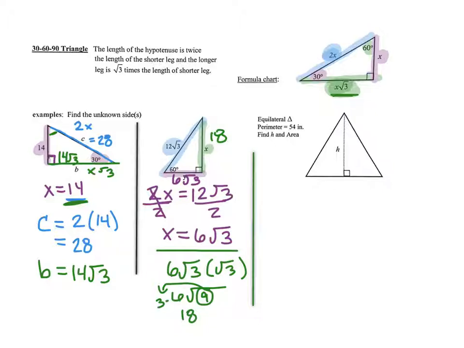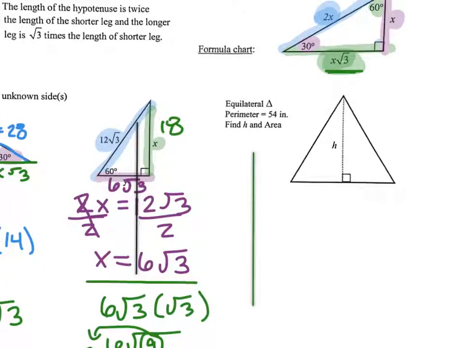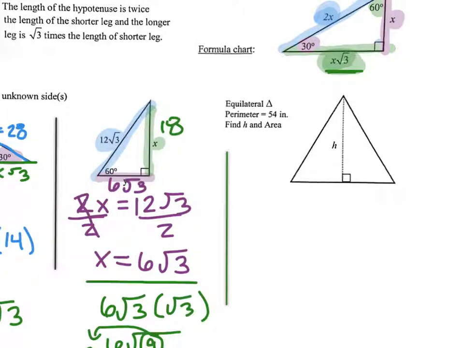An equilateral triangle is a 30, 60, 90 when you're looking at the altitude part, because all the angles are 60 degrees, but when you have this perpendicular bisector, the top part becomes 30 degrees. So it's a special right triangle.